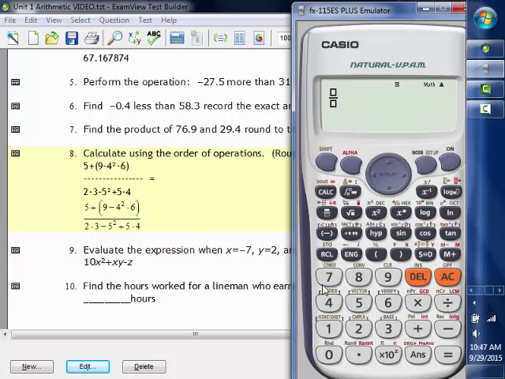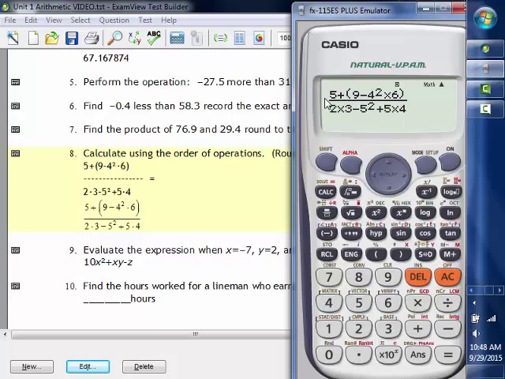Most popular one that people get wrong is they just don't make their calculator look like what the problem looks like. I just repeated it 2 different ways here, so let's pay attention to the second one. 5 plus parentheses 9 minus 4 squared times 6 close parentheses, and then I have to go down to get the over. 2 times 3 minus 5 squared plus 5 times 4.